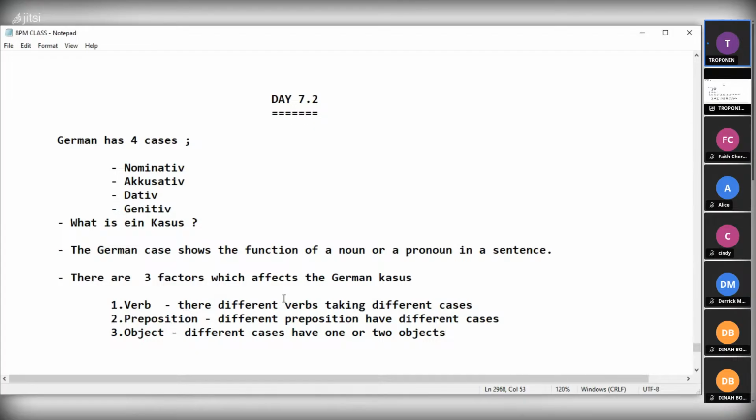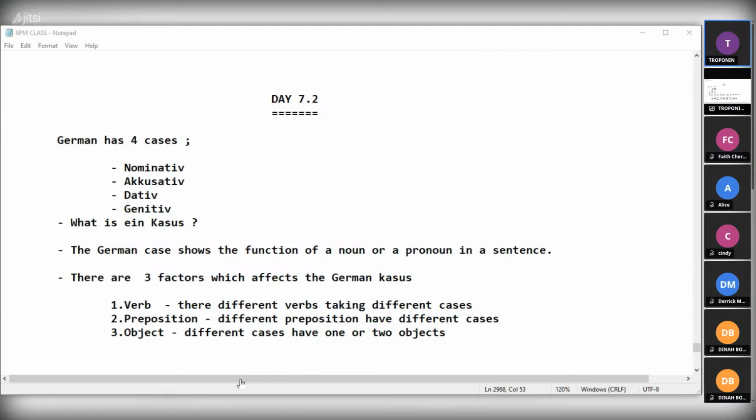So from these things, just these 3 factors. So these 3 factors, they are the only ones which are responsible for the nominative, accusative, dative, and genitive.